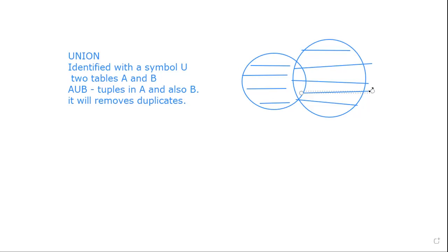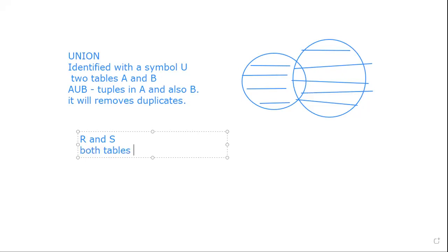There are some conditions you have to remember. The first condition: if you take two tables like R and S, both tables must have the same number of attributes.